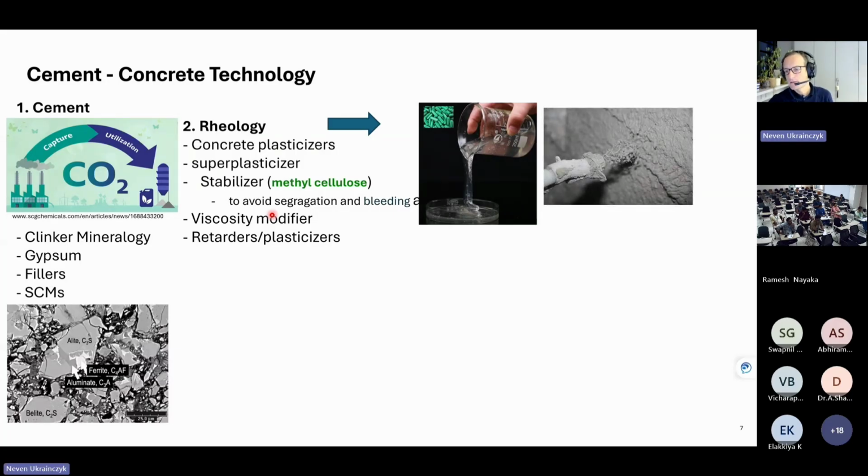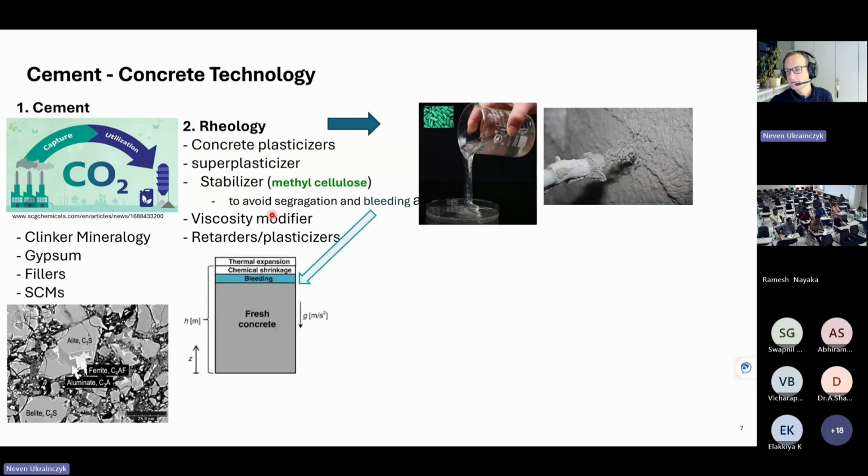Of course, there is also spraying concrete, where it is very important to have good pumpability, that it sticks to the wall, and that it hardens fast. This is the bleeding concept I told you about: with segregation, you have water on top and the aggregates fall down.